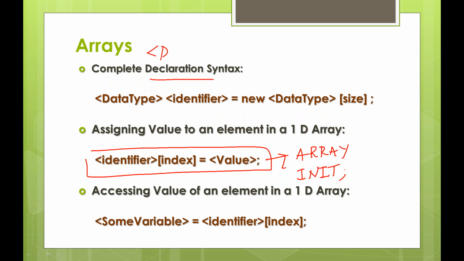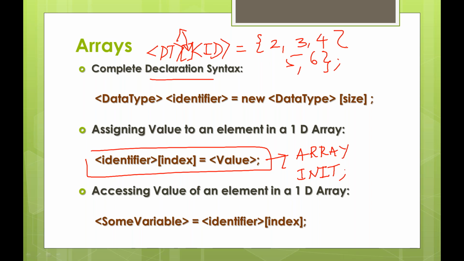You specify the data type, the identifier, is equal to, square brackets, then open a flower bracket, and then you specify 1, 2, 3, 4, 5, 6. Then finish it. This is called array initialization. While declaring itself, you are initializing the array.